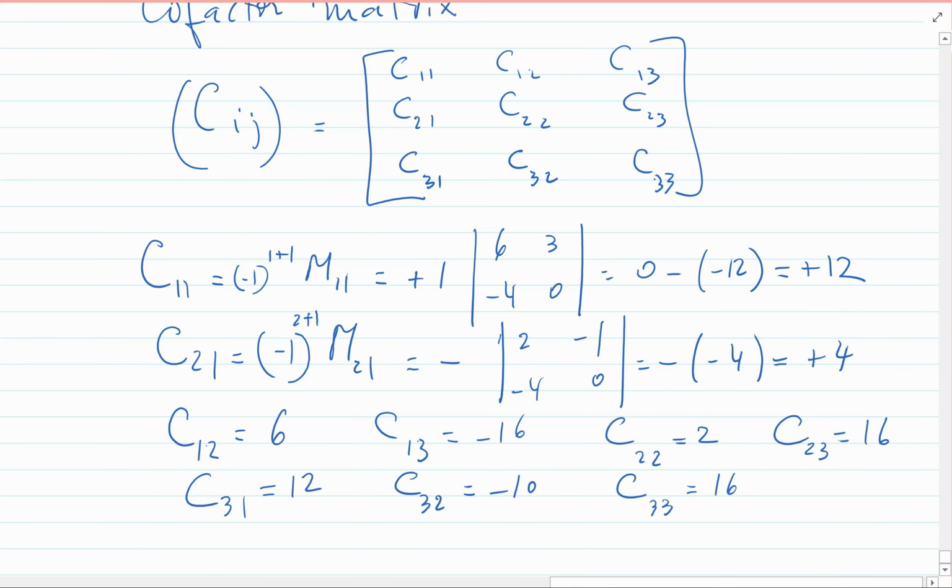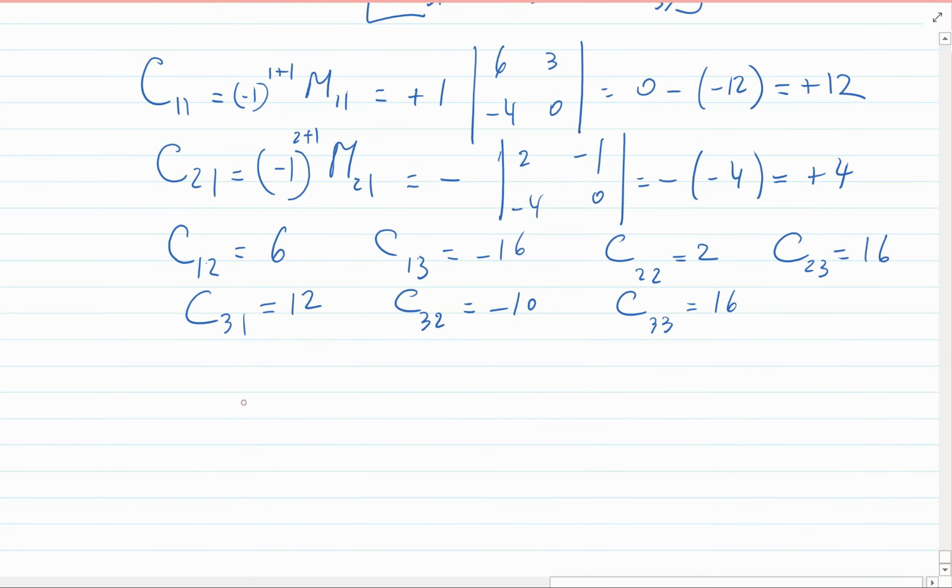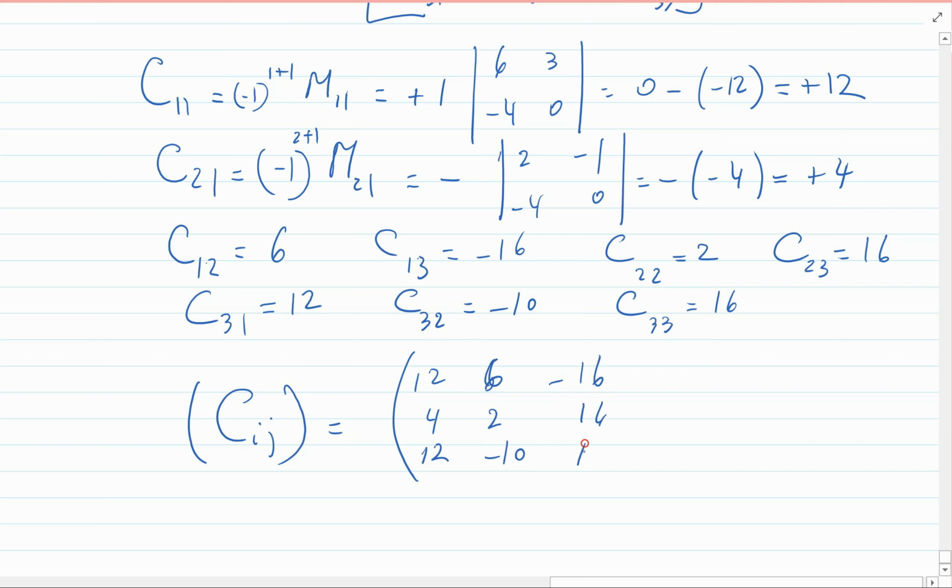So this gives me that the cofactor matrix is equal to 12, 4, 12, and 6, 2, minus 10, minus 16, 16, 16.